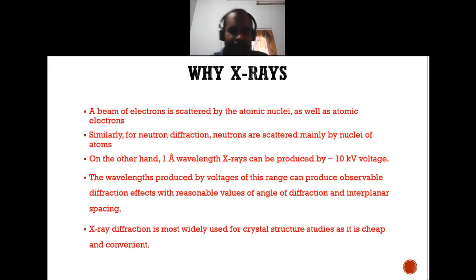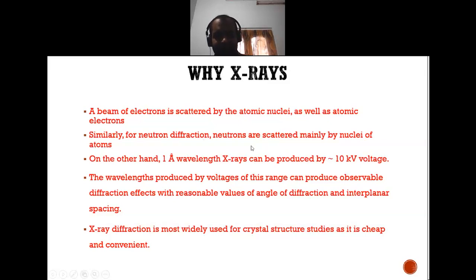A beam of electrons is scattered by atomic nuclei as well as atomic electrons. So this is a problem of using electrons, because electrons are scattered by the nucleus and also by other electrons. Similarly, in neutron diffraction, when you are using neutrons as the source of your wave, neutrons are scattered mainly by the nuclei of the atoms.